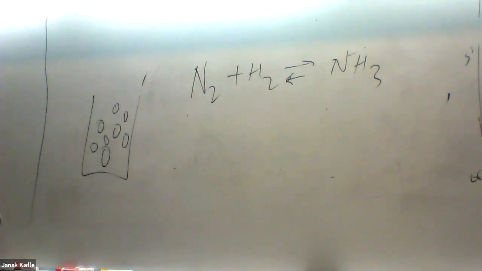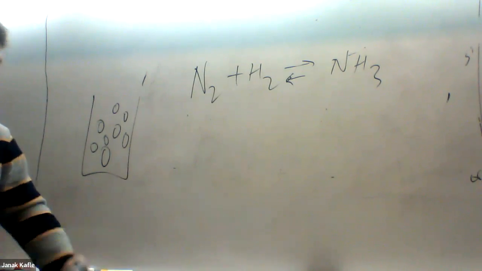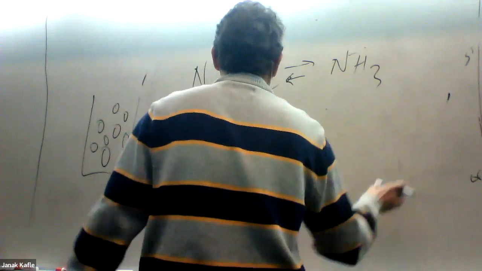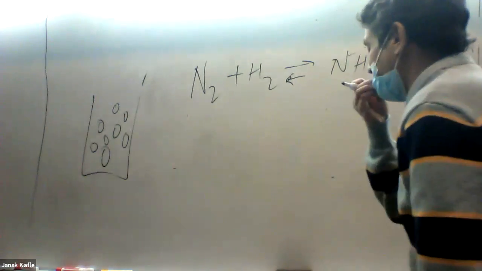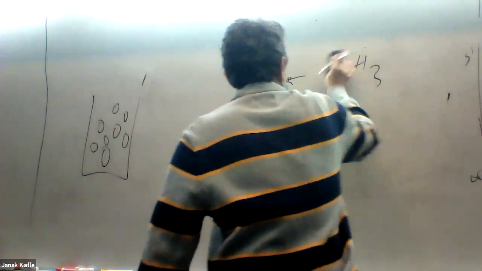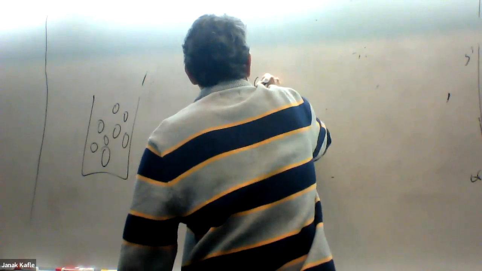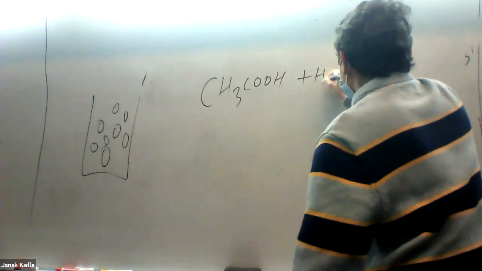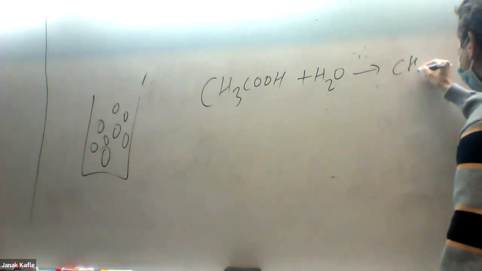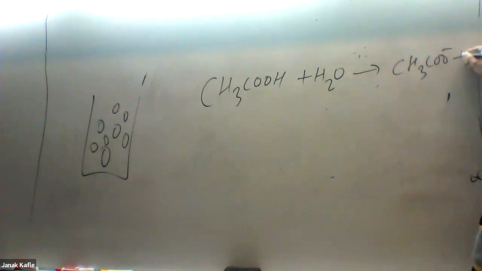And what else here? All chemical reactions are product favored at equilibrium. This means that all kinds of chemical reactions are product favored. So let's say I have CH3COOH here, and I am putting it in water to give CH3COO minus and H plus.